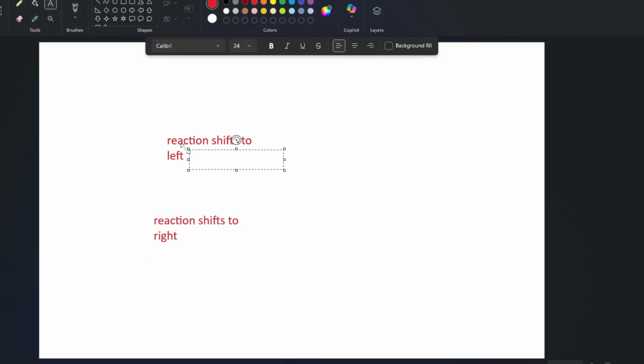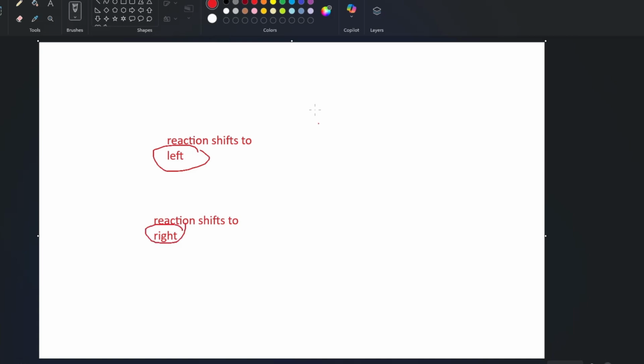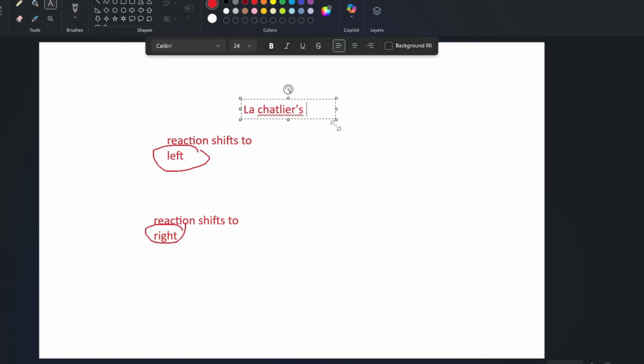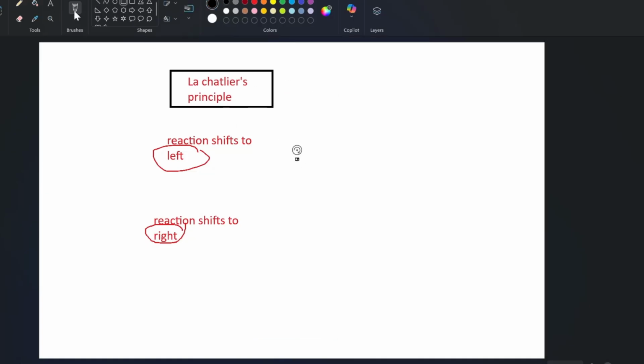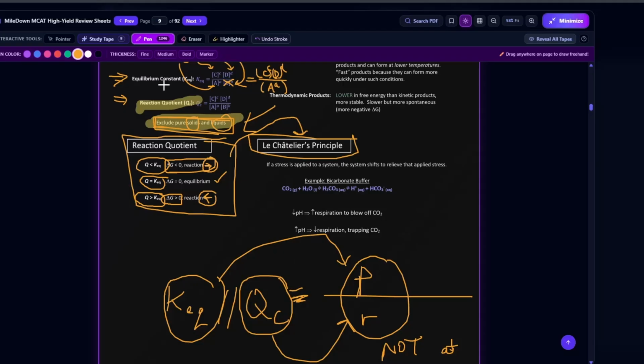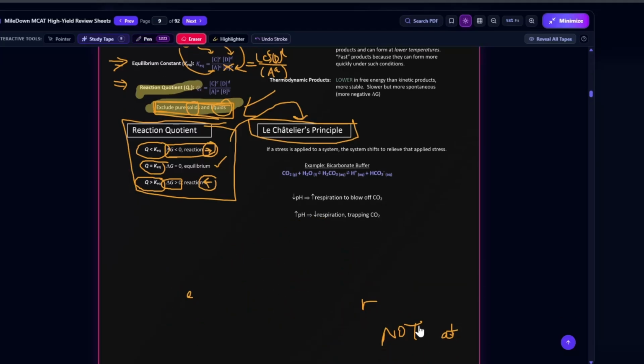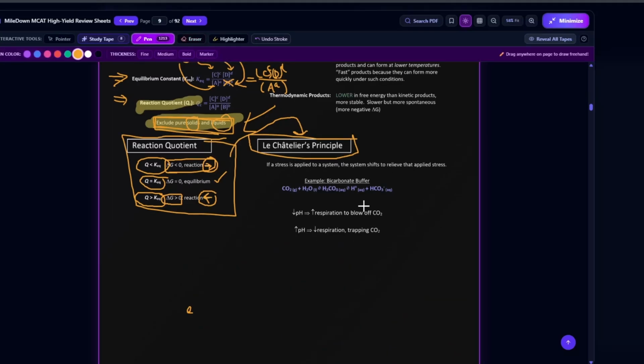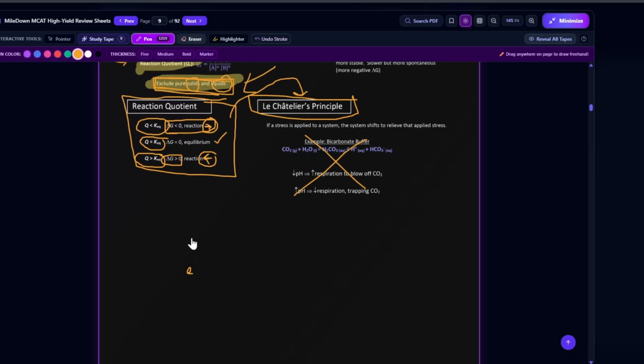If the reaction is shifting left versus right, we can explain this using what we call Le Chatelier's principle. I didn't spell it right, but we'll go into what that is right now. Let's say, they gave an example here, which you don't really have to know right now, but basically, if I increase whatever is on this side, the reaction will naturally start to increase on the other side to balance it.